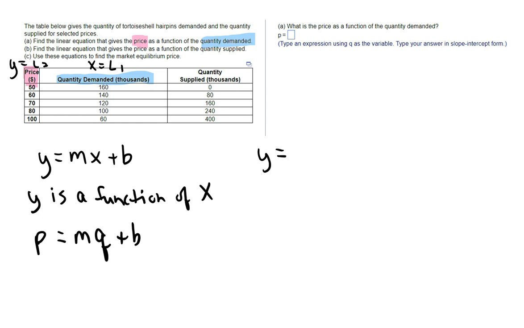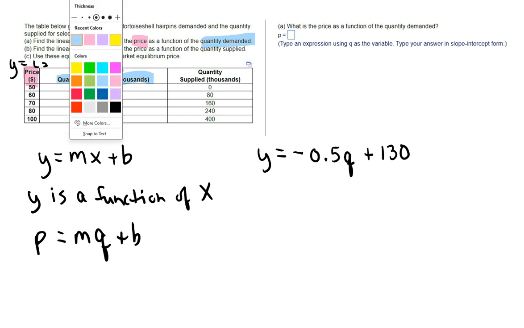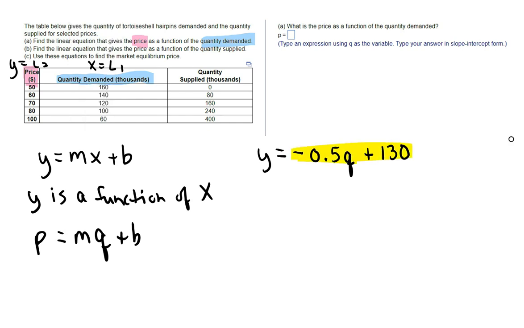Okay, it was negative 0.5 Q plus 130. This is going to be my answer. This part right here is going to be my answer that I'll put in there.